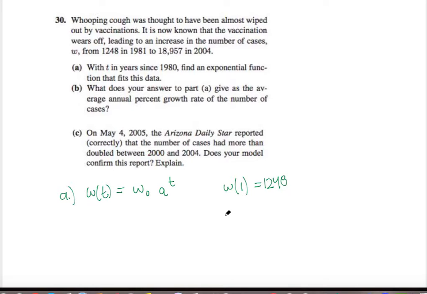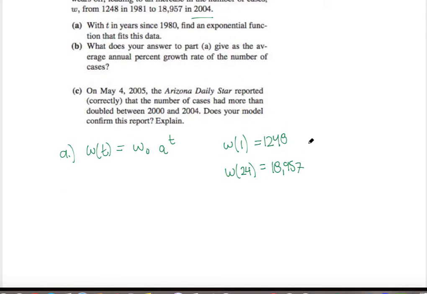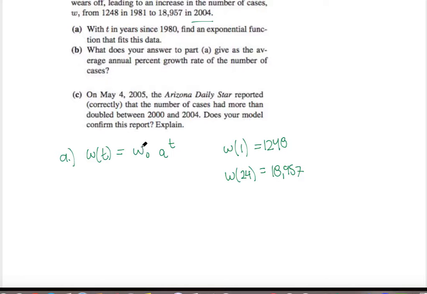We also know that W of 24, which would be the year 2004, is equal to 18,957. So, using this information, we need to come up with a function.